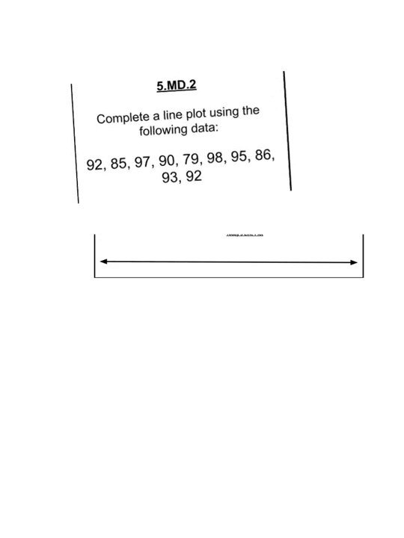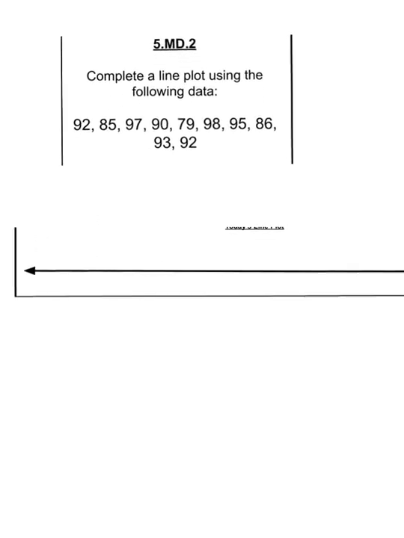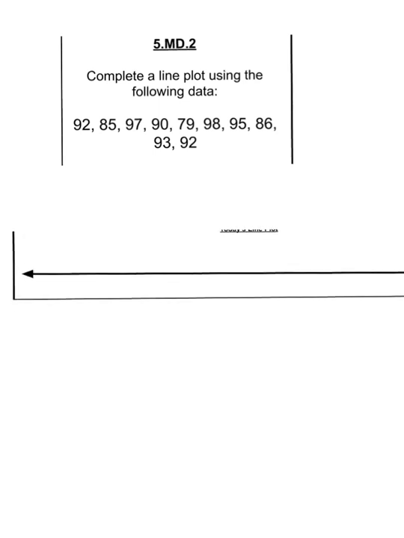So here we go with our line plot. We have this set of data here. And remember, we don't know what the data represents. We just have these numbers, and we have to organize them on our line plot. So the easiest way to get started is to look for your smallest value and your highest value. So in this case, it looks like 79, I think.